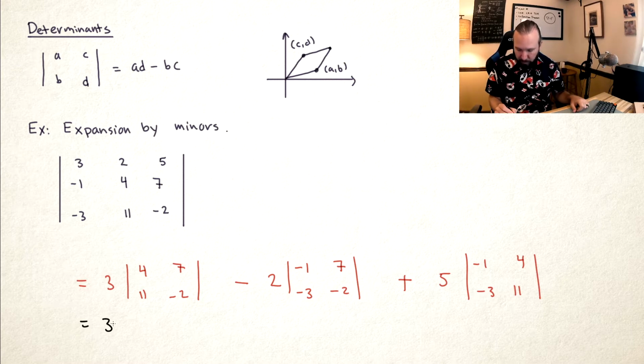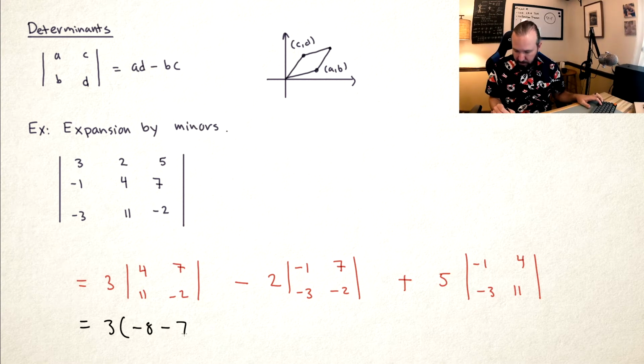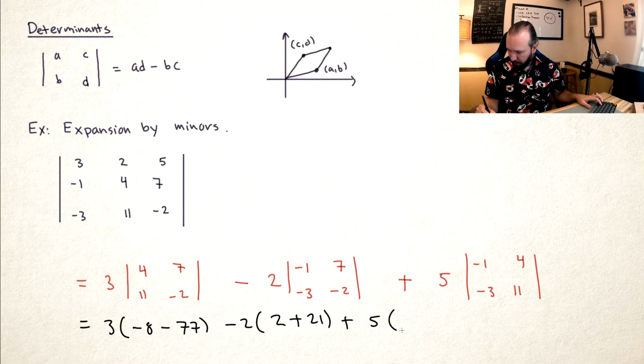So this will be 3 times, now I'm just using this AD minus BC rule, so negative 8 minus 77 minus 2, so this will give me 2 minus a negative 21, and then 5, and this will be negative 11 minus a negative 12.